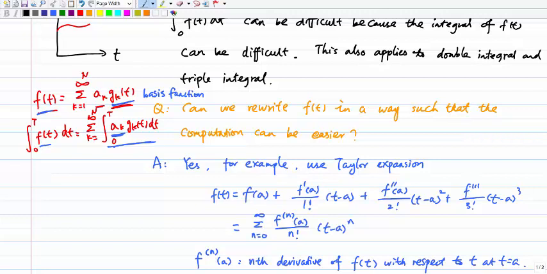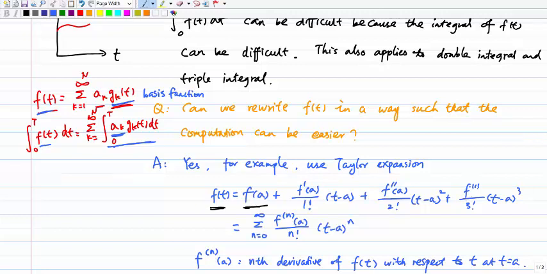By using Taylor expansion, you can rewrite f(t) as f(a) plus the derivative of f(t) evaluated at a, divided by 1 factorial, times (t minus a), plus the second order derivative of f(t) evaluated at a, divided by 2 factorial, times (t minus a) squared. You keep on doing this.